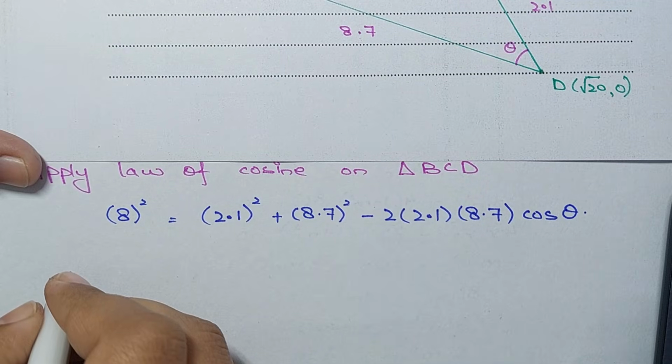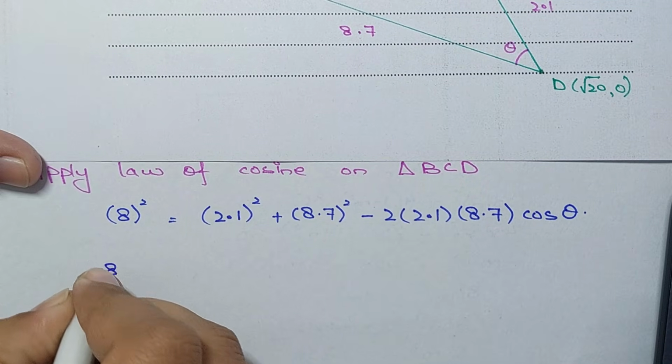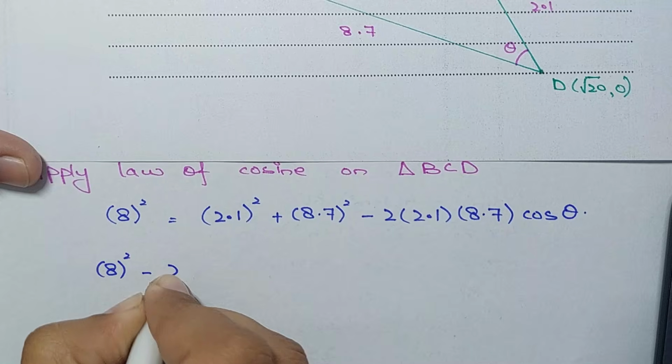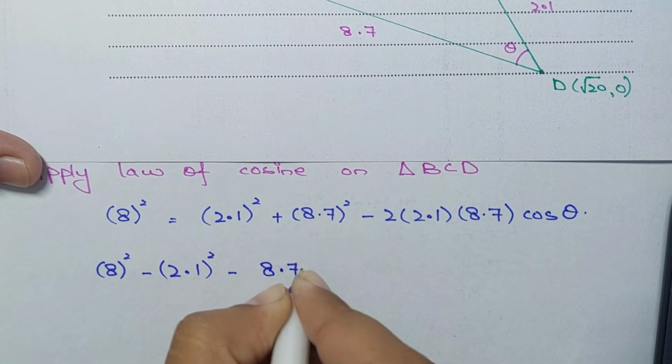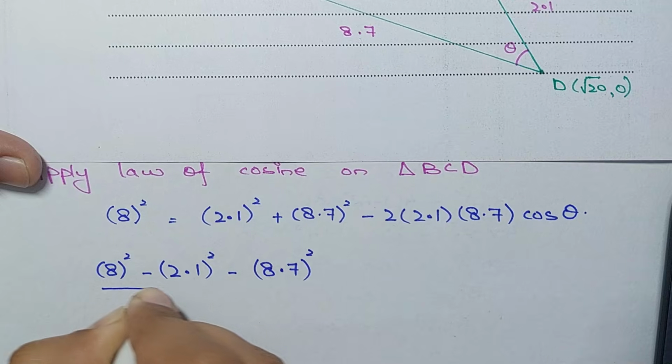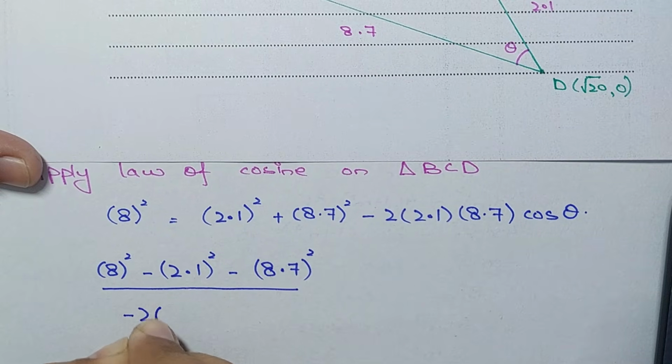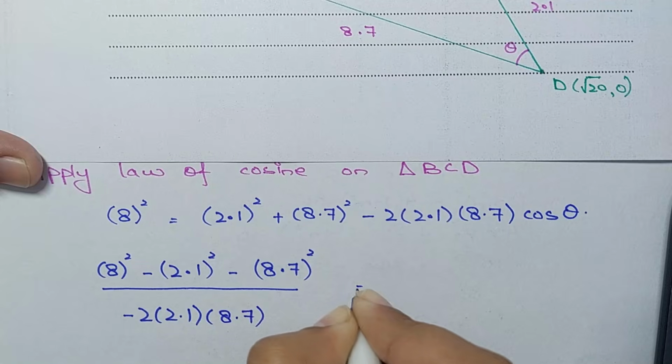So how do we get theta? 8 square minus 2.1 square minus 8.7 whole square, divided by minus 2 into 2.1 into 8.7. You will get cos theta.